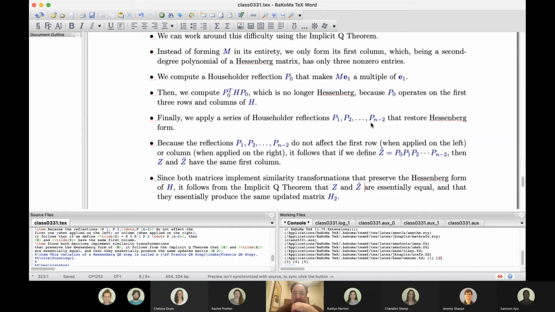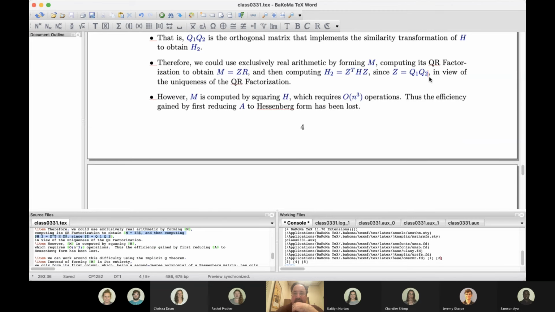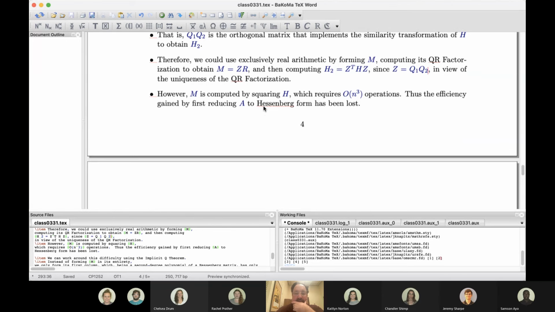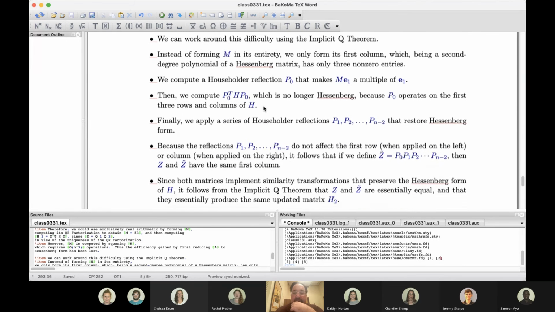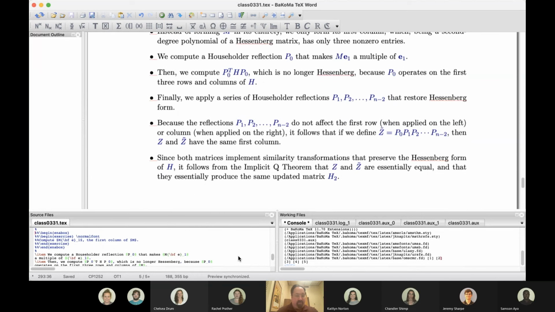And because of the implicit Q theorem, that turns out to exactly simulate what we wanted to do earlier, but turned out to be too expensive. So this is still being done, but by a different route, taking advantage of the implicit Q theorem that gives us enough information to figure out how to trigger the same transformation without forming all of M. Only forming the first column is enough.